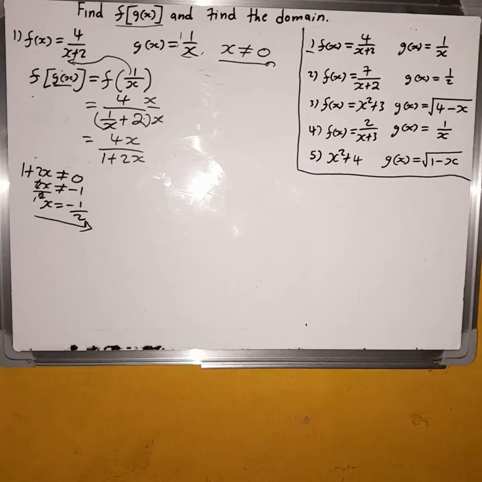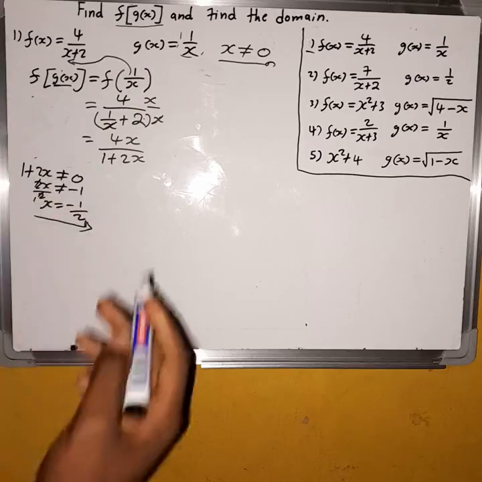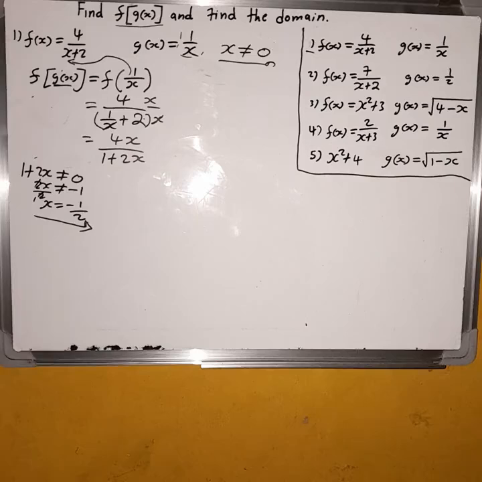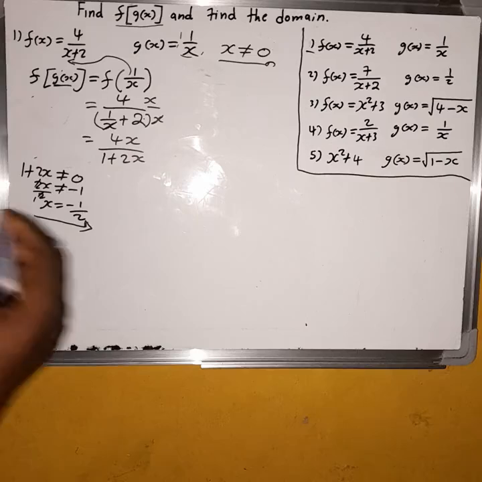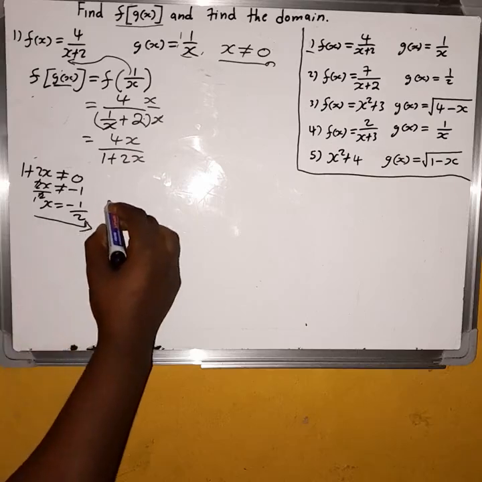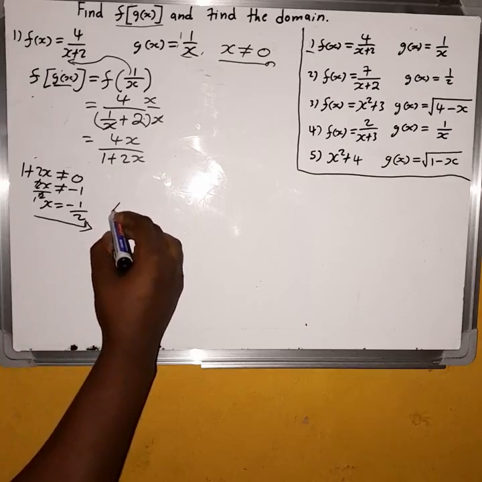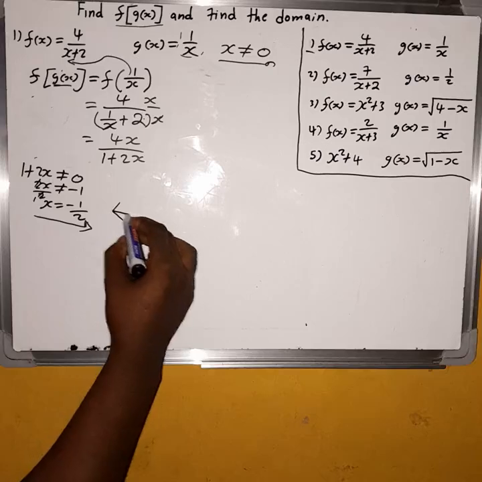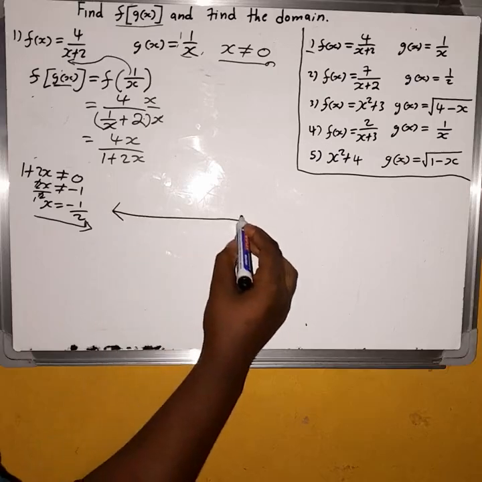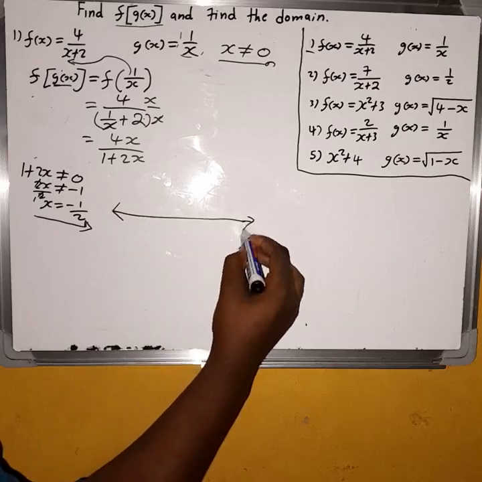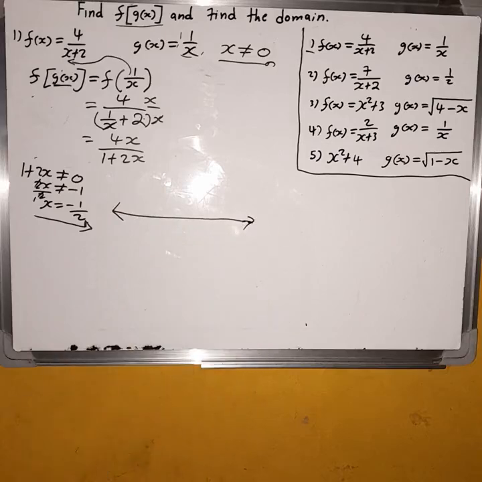Since you have these two restrictions, you can use a number line to determine the domain. It's up to you. You can use a number line like this, right?